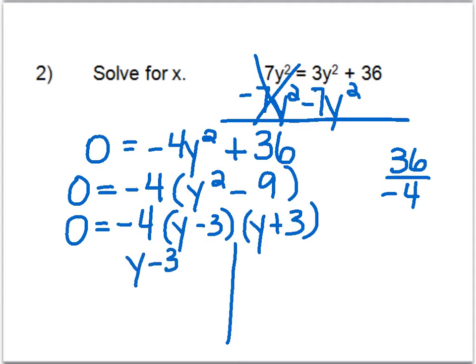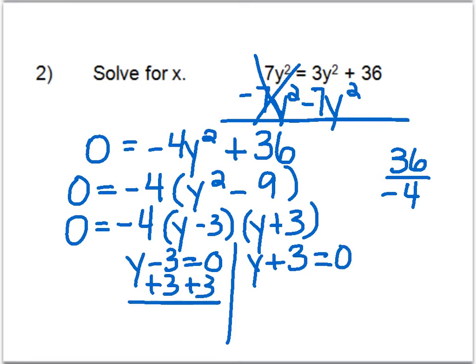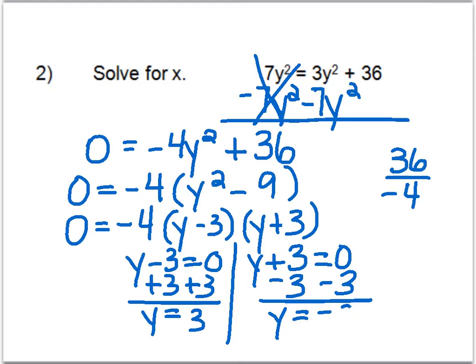And so really I'm only solving y minus 3 equals 0, y plus 3 equals 0. So I add 3 to both sides to get y is equal to 3. I subtract 3 from both sides to get y is equal to negative 3. Those are my roots, solving for y in the instructions. And the solution set is negative 3, 3.